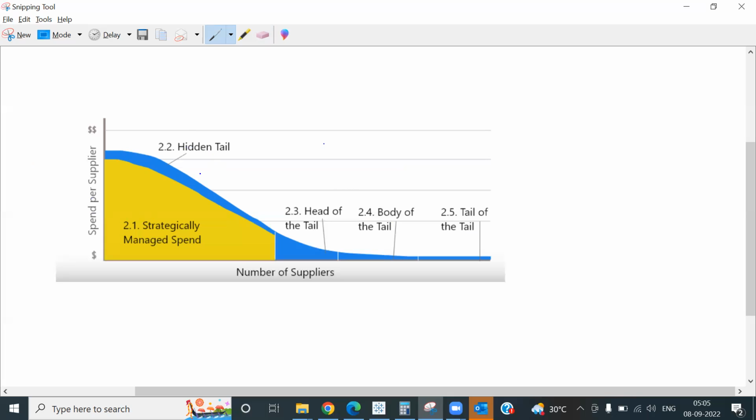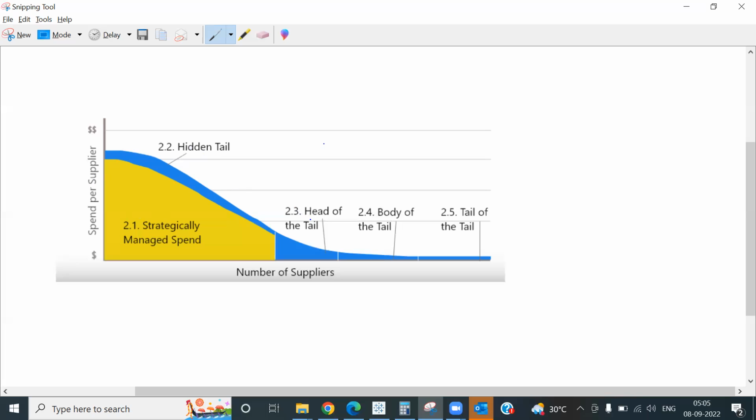Now, as you can see, the hidden tail is very important to be addressed because it comes from the top suppliers and the spend is also high. Here lies the very big opportunity. The primary focus of the company should be countering this. The next step will be the head of the tail.